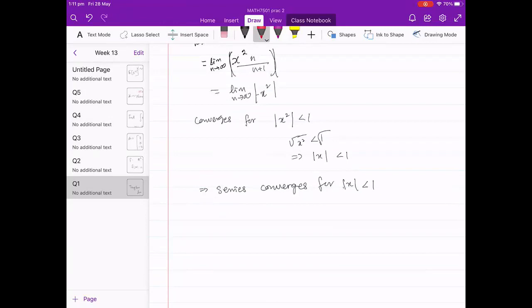So the series converges for x between minus 1 and plus 1. That's the first question.